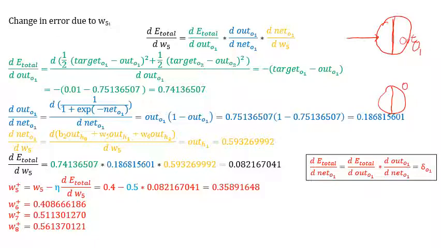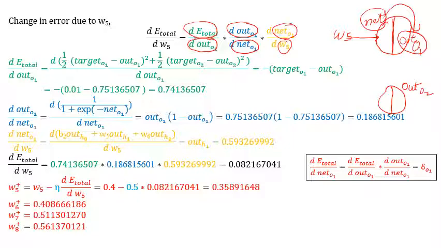This was the net input, and here we have W5. First, we take the derivative of the total error with respect to out only. Then we take the derivative of out with respect to net, and then the derivative of net with respect to W5. So this is a chain process.